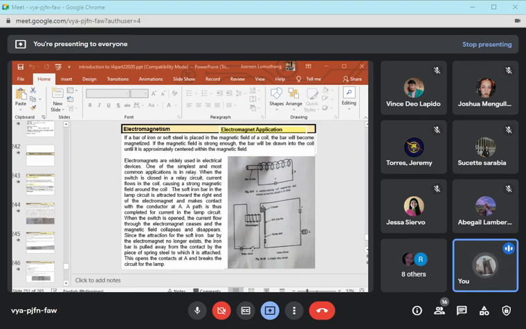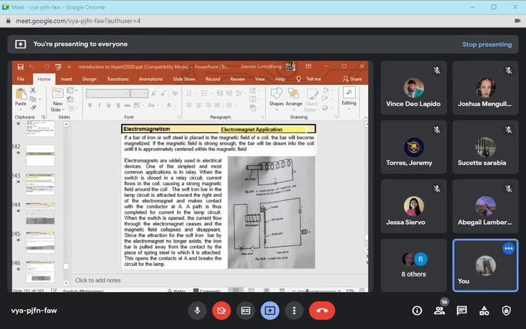When the switch is open, the current flow through the electromagnet ceases. So it stops.